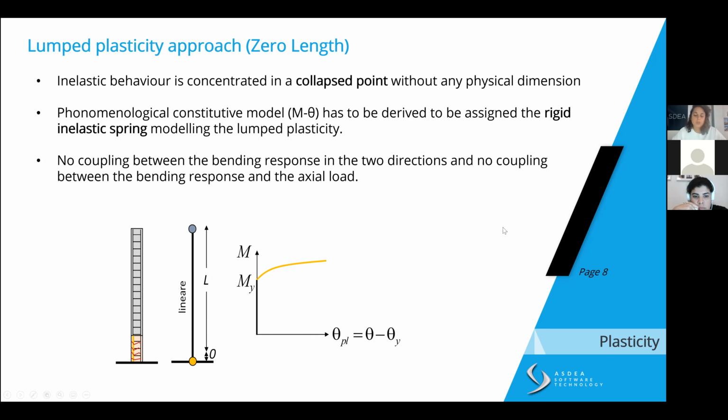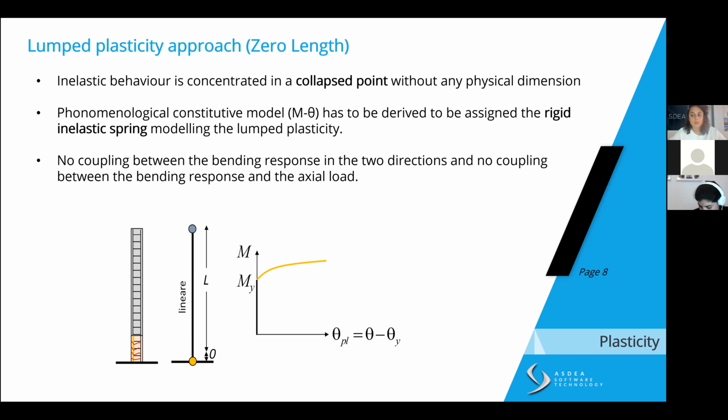Then if you want to move towards a zero length approach, we can see now that the graph changes, because what we did before was applying a specific stiffness to a finite length. But now what we're doing is applying that stiffness into a collapse point. What we're going to say is that that point is almost infinitely rigid, but of course that's not possible to do numerically.